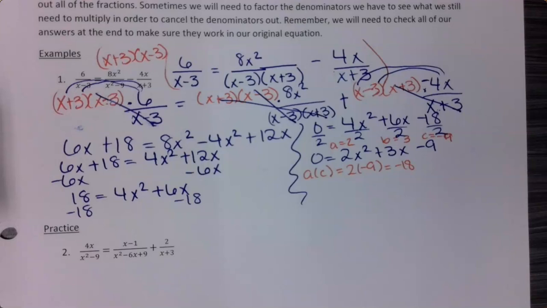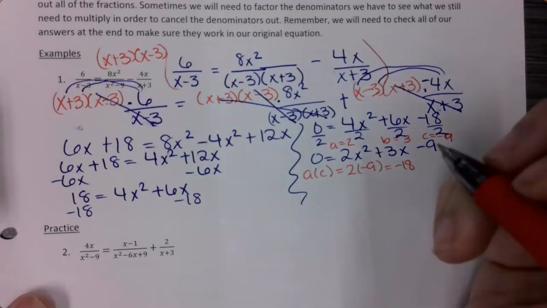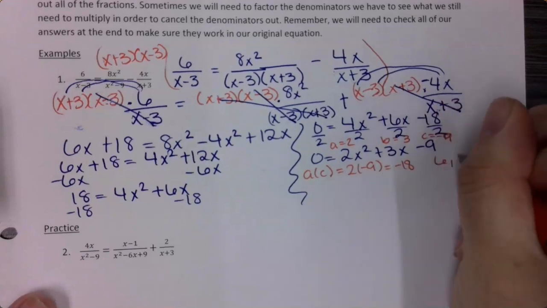So I want to look for numbers that multiply to negative 18 and add up to positive 3. So this would be 6 and negative 3.